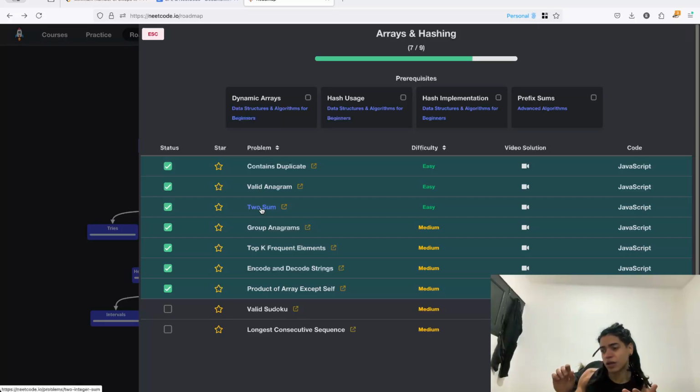Based on that difference and its absolute value, we want to see if that value exists in our hash. If it doesn't exist, we're going to add this value to our hash.